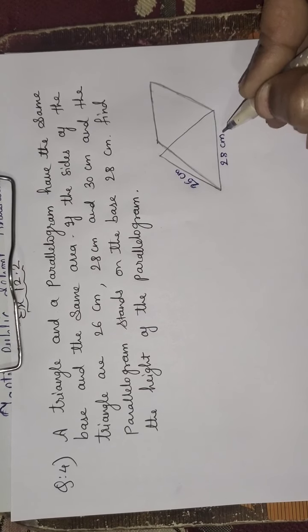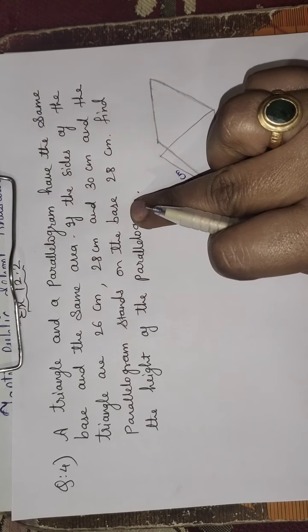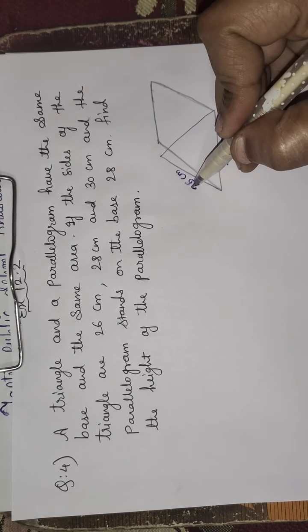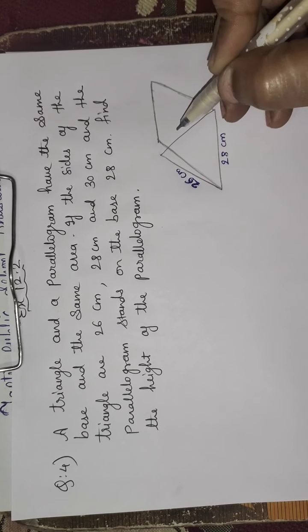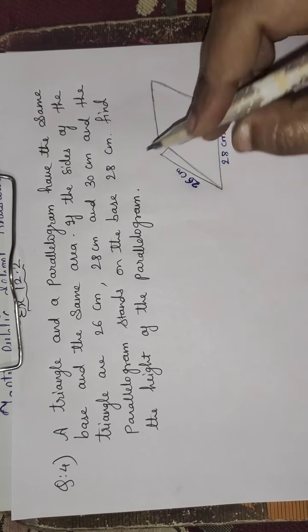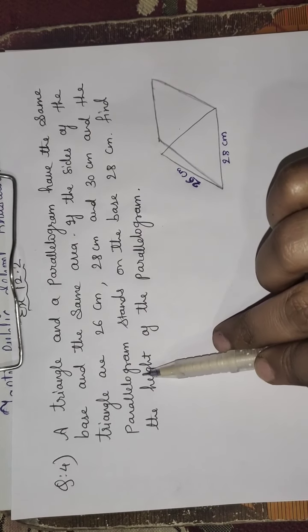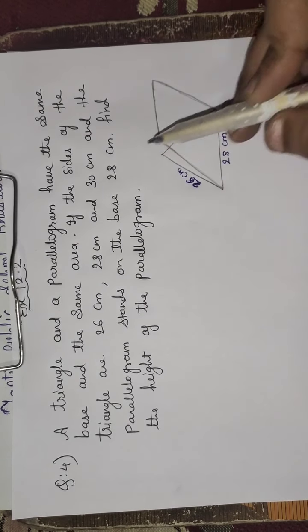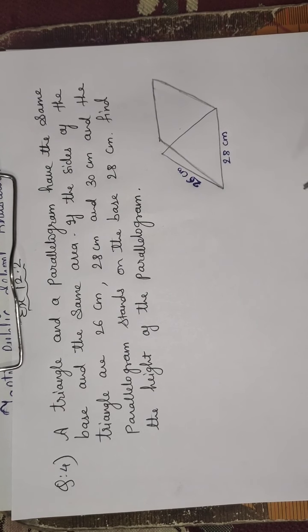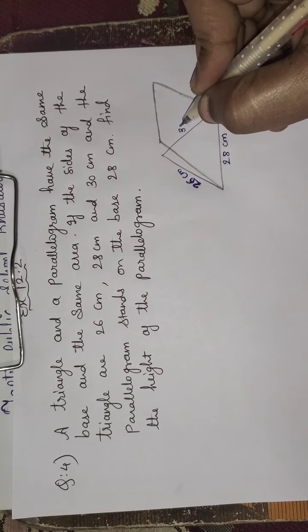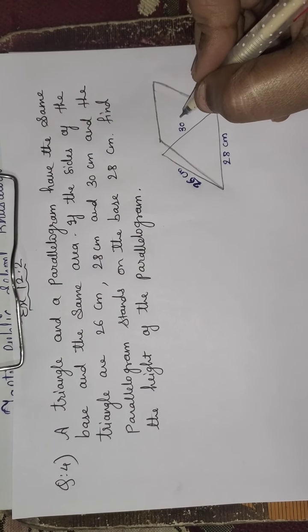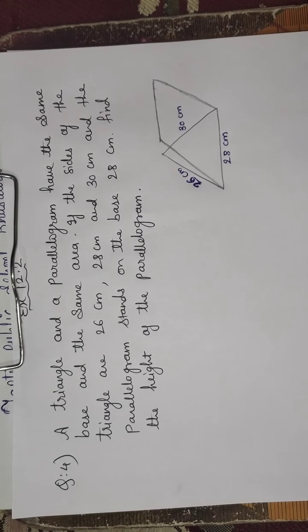Before marking the sides, first read the question properly, because in a hurry you might mark this 26, this 28 and this 30, but in the question it is clearly given that the base of the triangle as well as the parallelogram is 28. So the base of this triangle will be 28, and obviously the remaining side will be 30 centimeter.